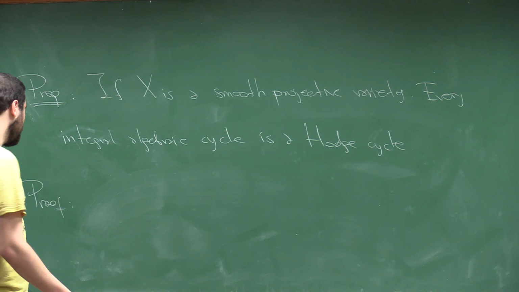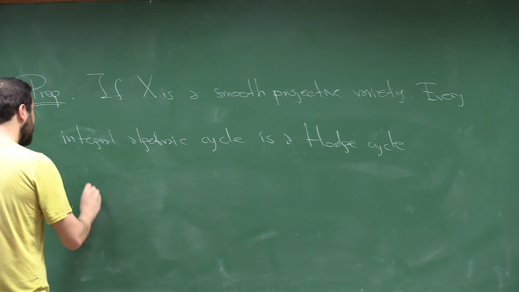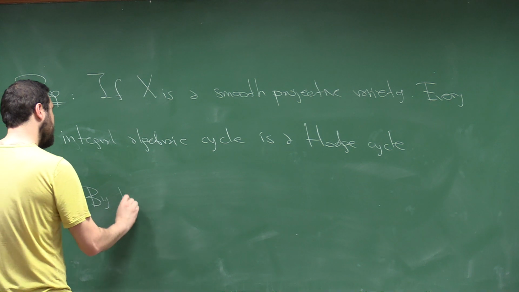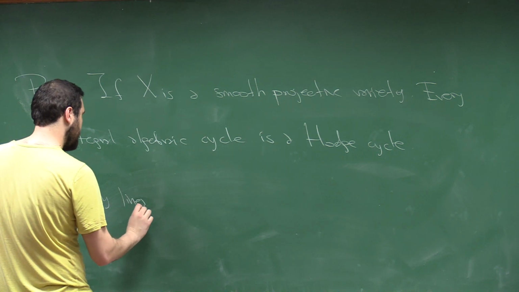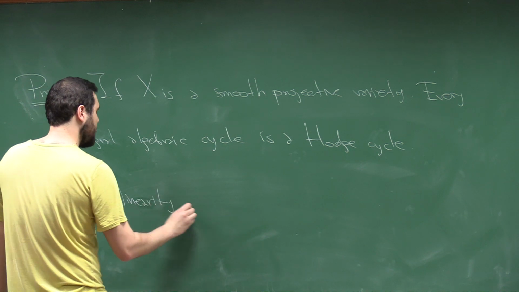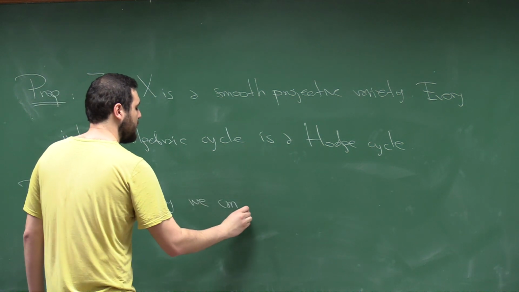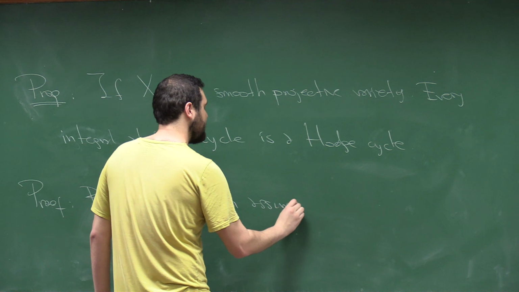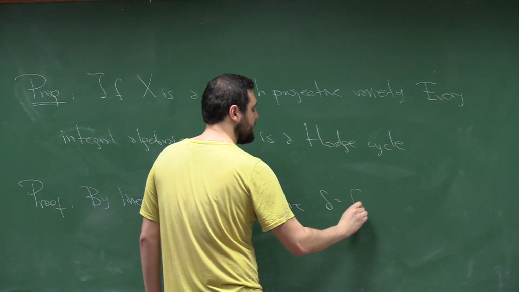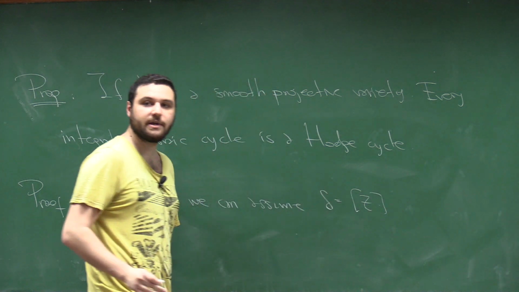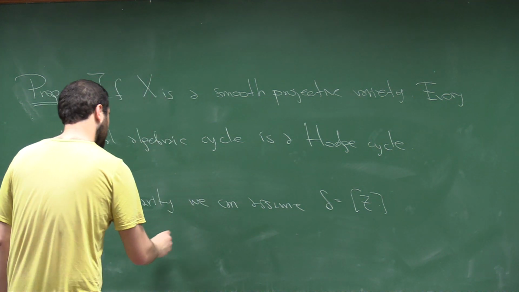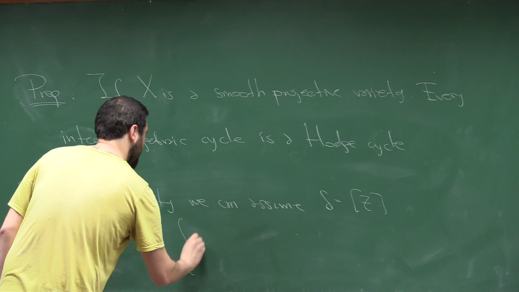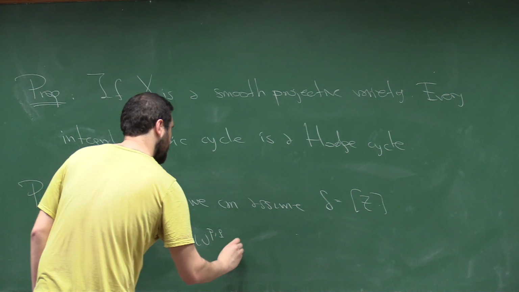So by linearity, we can assume that delta is supported in just one algebraic subvariety. And then we just need to check that these integrals are all 0.